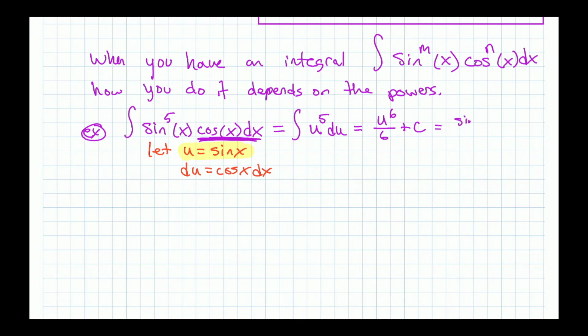So you have sine to the sixth x over 6 plus c, and that's your answer. All right. Is it very easy? It's easy. It takes one line, if it's a nice wide line with several equal signs.